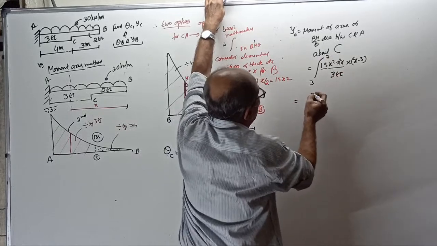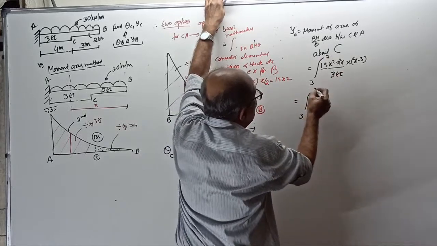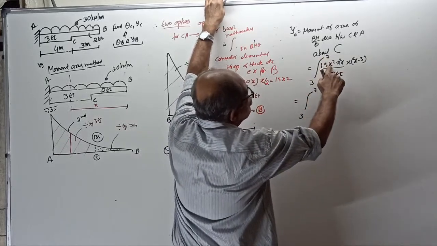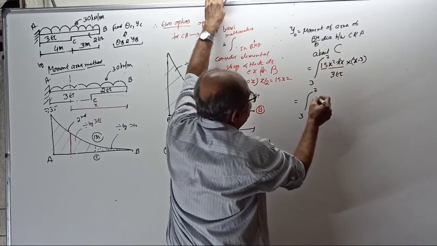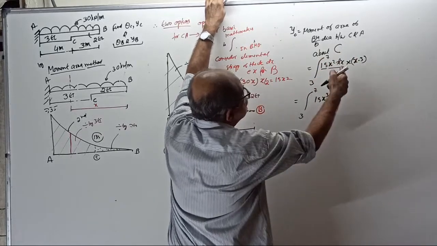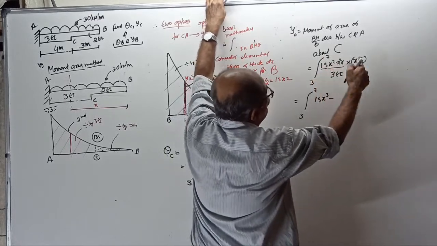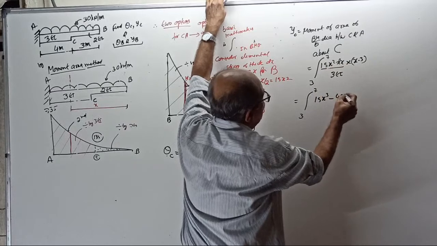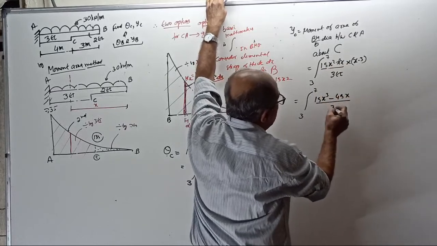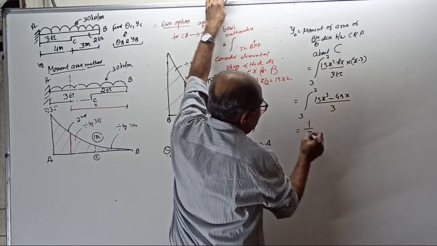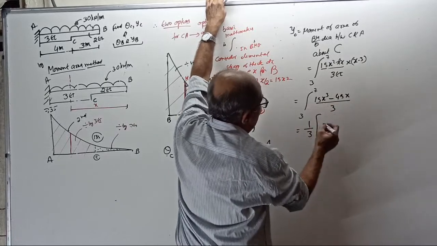Equal to integration 3 to 7 of 15x square into x is 15x cube, minus 15x square into 3 is minus 45x, divided by 3EI.